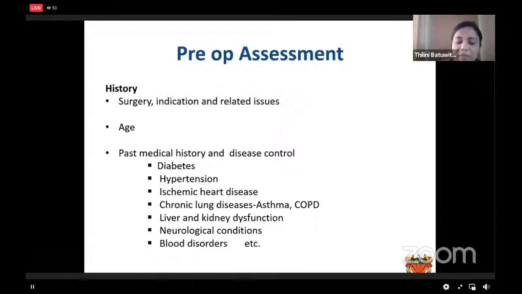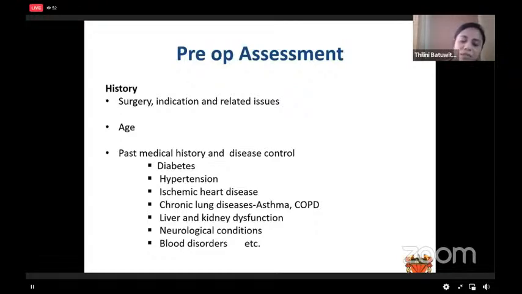In addition to that, we have to ask about chronic lung diseases. Very important, because when it comes to general anesthesia, the airway and the respiratory system are quite important. So if they have asthma or COPD or any other lung diseases, you have to assess them and see how they are controlled. Or other things like liver or kidney dysfunction, we have to assess how it is controlled.